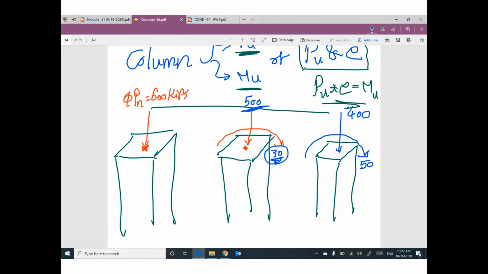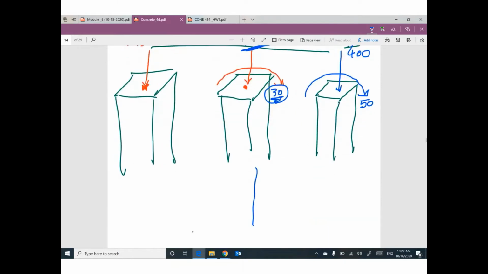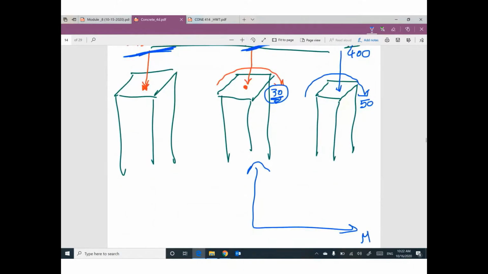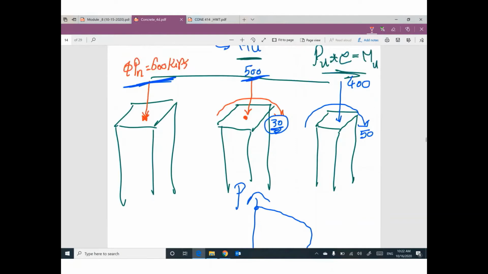Does that make sense? If you draw a relationship between the applied moment, which is 0 here, and the axial capacity, you will find this relationship. This relationship is called the interaction diagram. The meaning of interaction is due to the two effects, P and M. So we need to understand the interaction between the two effects.